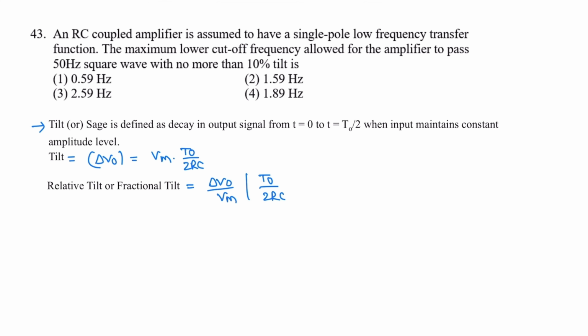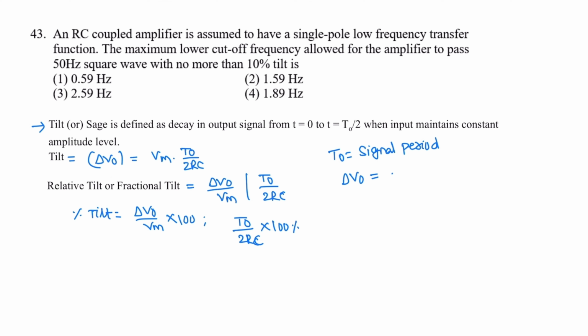So percentage tilt is given as ΔV0/Vm × 100 = T0/2RC × 100, where R is resistance, C is capacitance, T0 is the signal time period, ΔV0 is the decrease in output voltage, and f0 is the signal frequency.